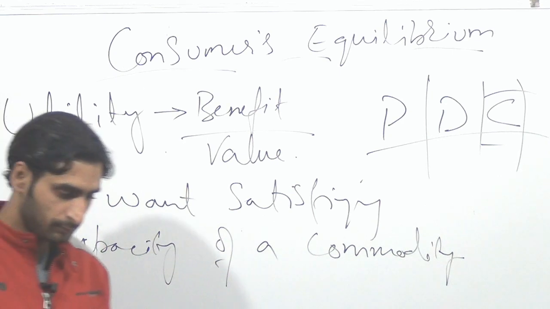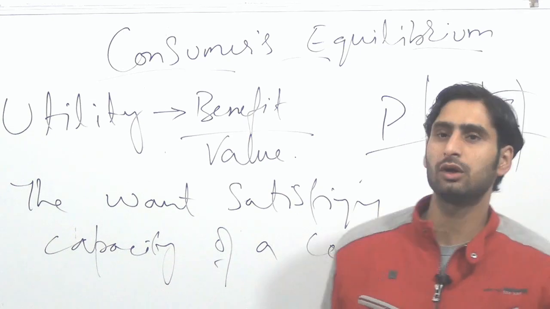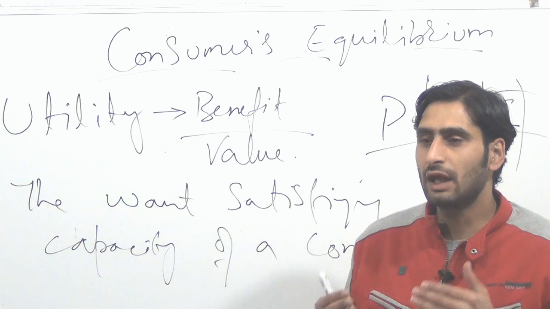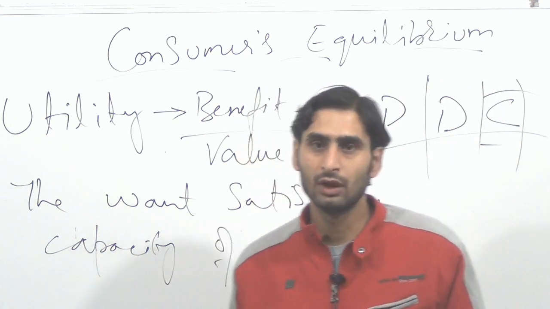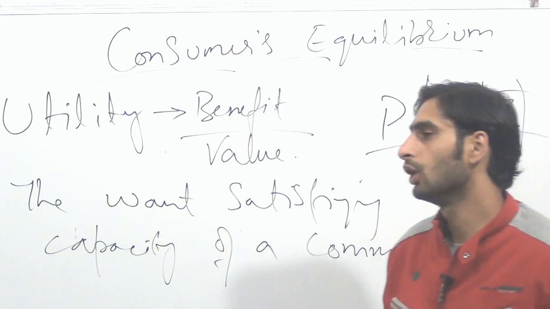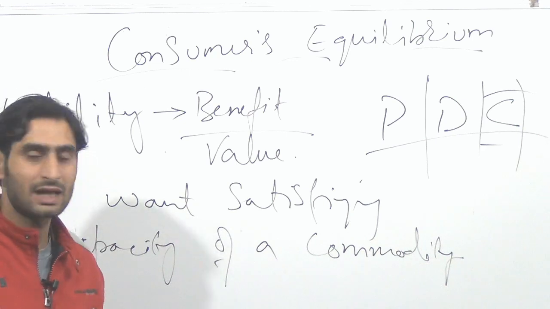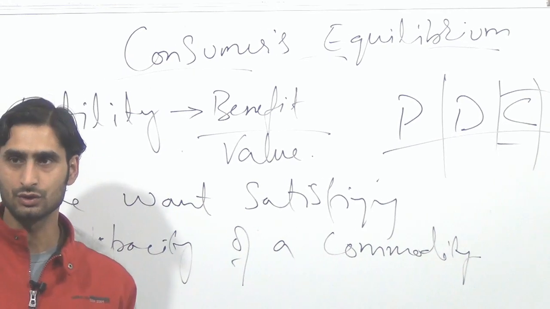Now there's a problem. How can we measure something which is psychological? How can we measure something which we cannot put into numbers? So, there are two approaches to understand it. One is the cardinal approach, another is the ordinal approach.